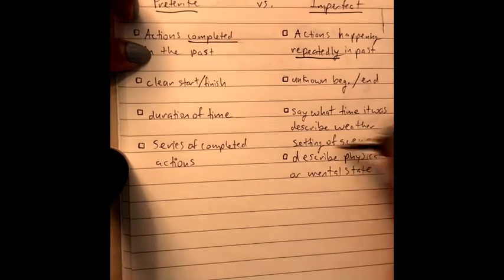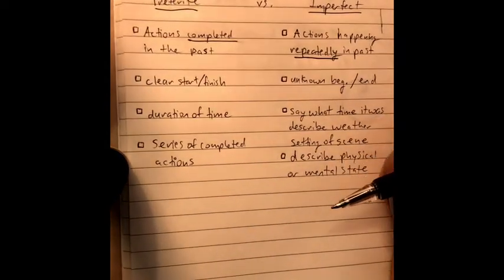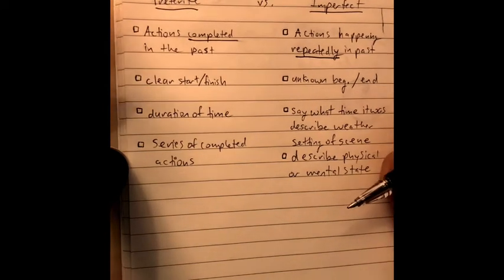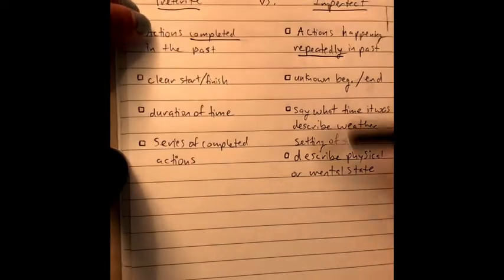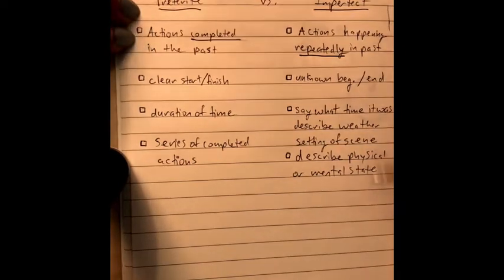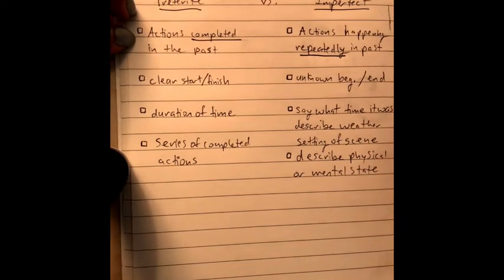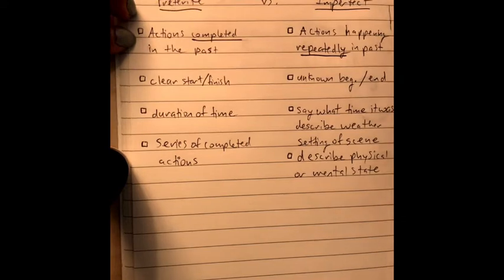So that is more of an ongoing thing. Like you aren't just happy and then you're done being happy. You would say, I was sad. That is something where you use imperfect.